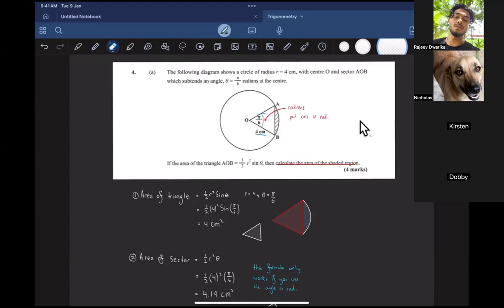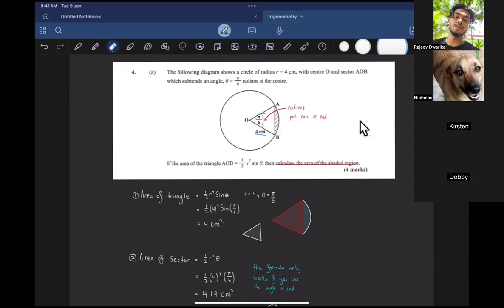What does R stand for? The radius. Theta is the angle in radians.